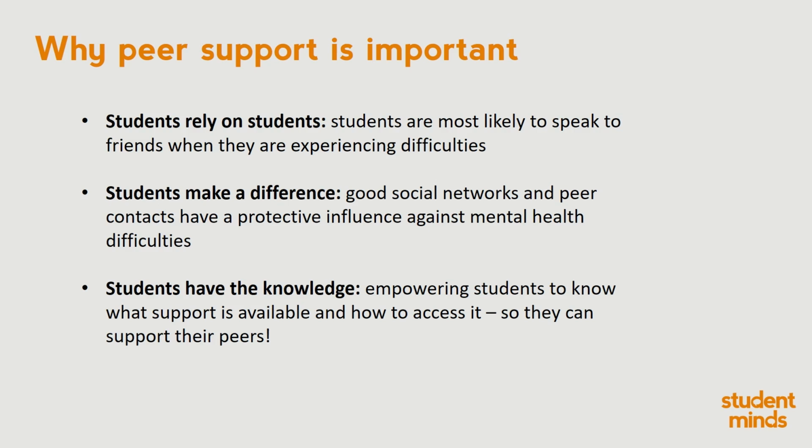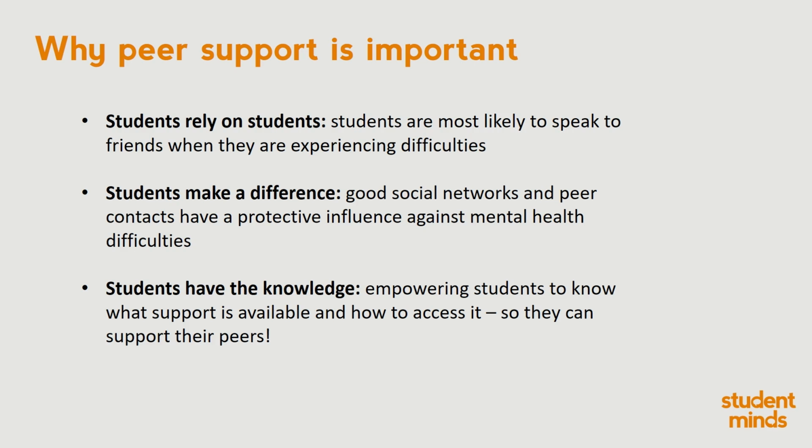So why is peer support important? As previously mentioned in the prevalence and disclosure stats, we know that 75% of students who had experienced mental health difficulties disclosed these to a fellow student. So we know that students rely on students. They are most likely to speak to friends or peers when they're experiencing difficulties.